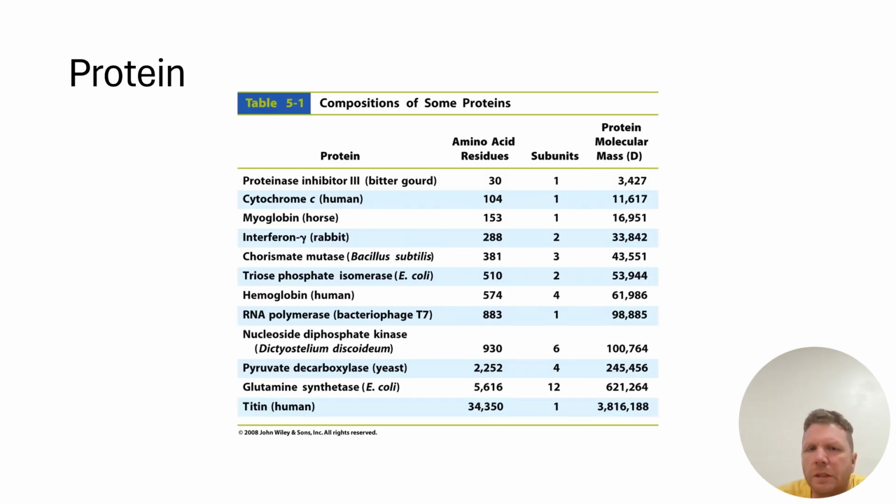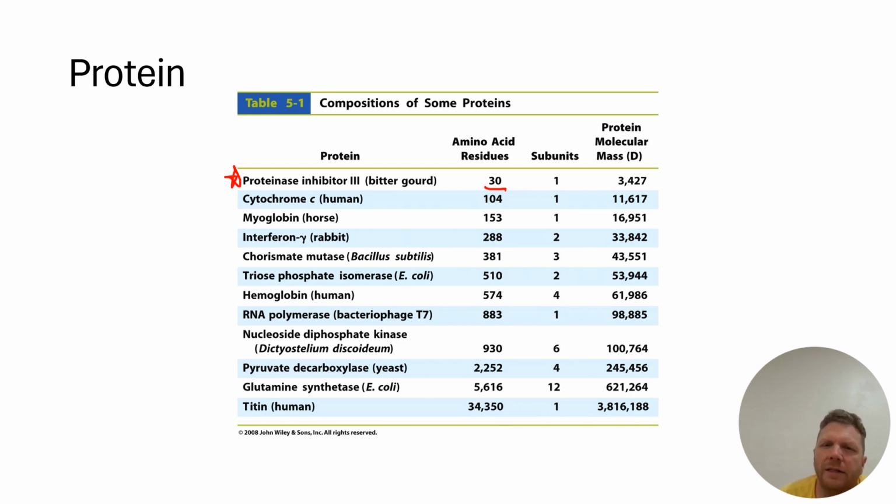I like this table right here just because it gives a little bit of a spectrum of how large proteins are. And one thing that I want to bring up right here is this one, proteinase inhibitor 3. This is 30 amino acids. This has a molecular mass of 3,427 Daltons.